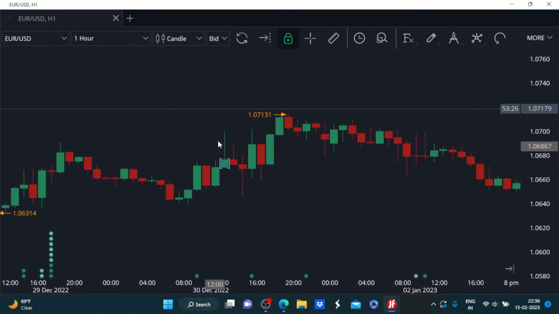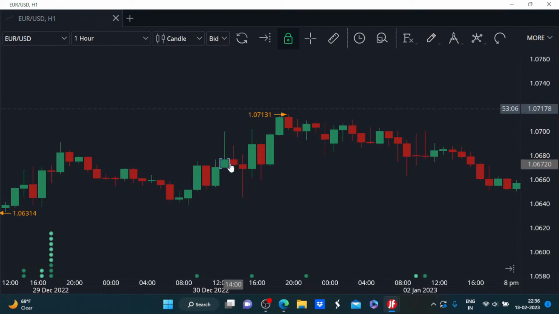Now let's look at the basic concept of this shooting star combination. In this case, we need the closing price to be higher compared to the opening price. That is one requirement.